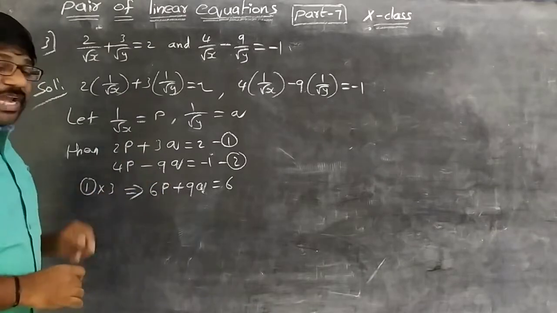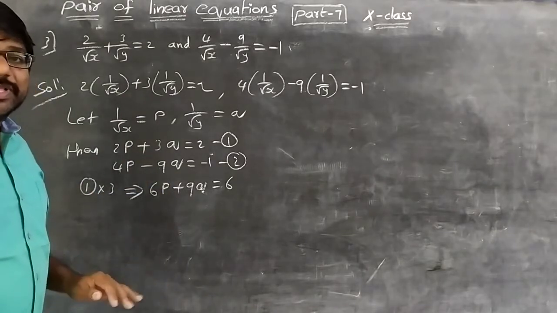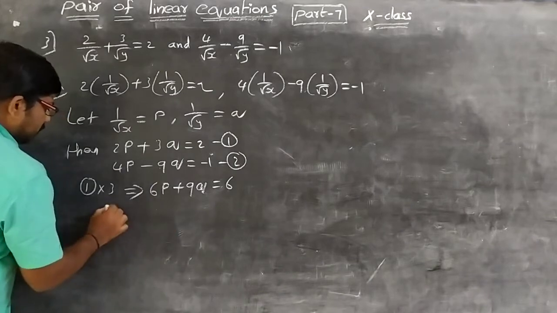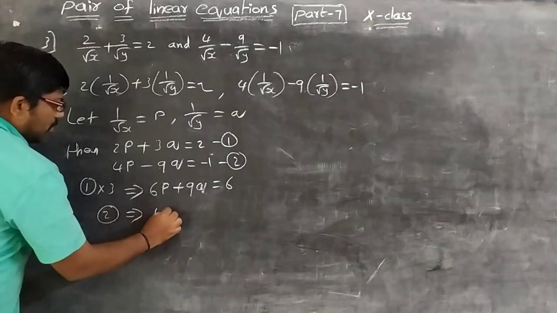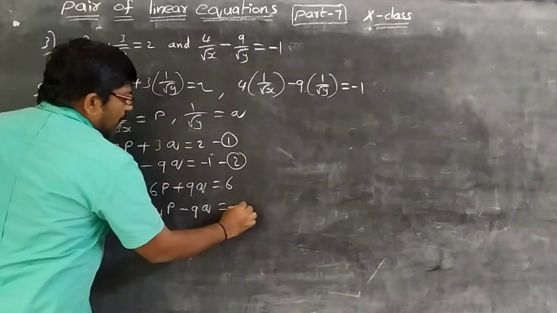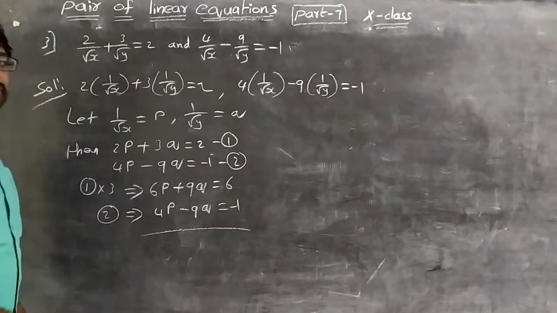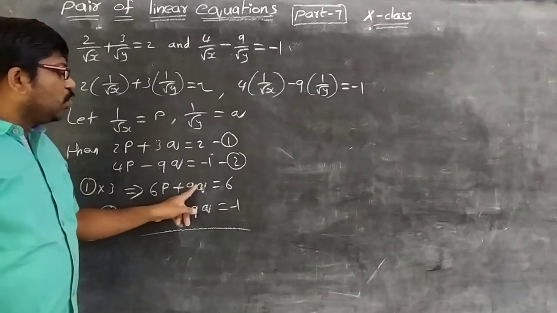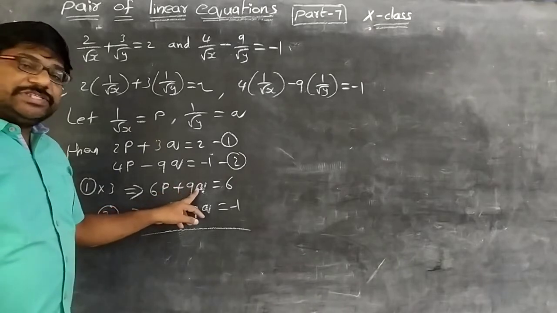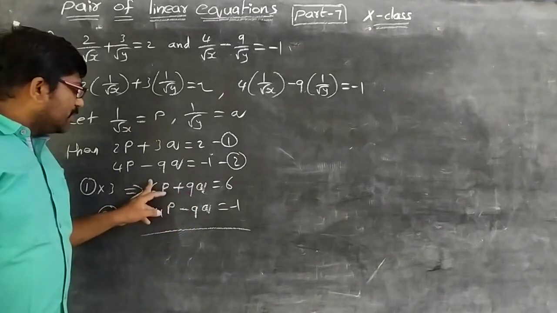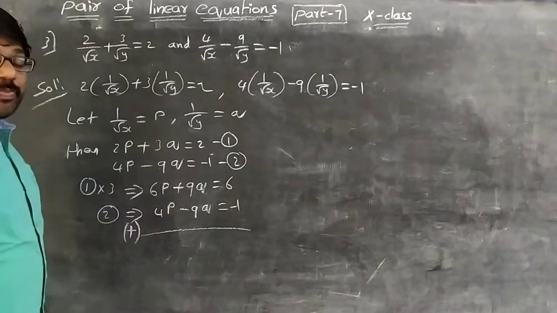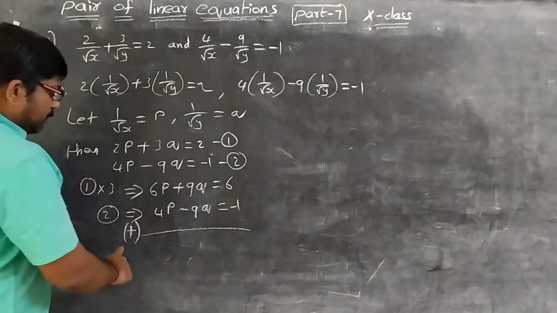Write the second equation as it is, don't multiply with any number: 4p minus 9q is equal to minus 1. The q coefficient is the same number, 9, here positive and here negative. So add these two equations, don't subtract, just add.